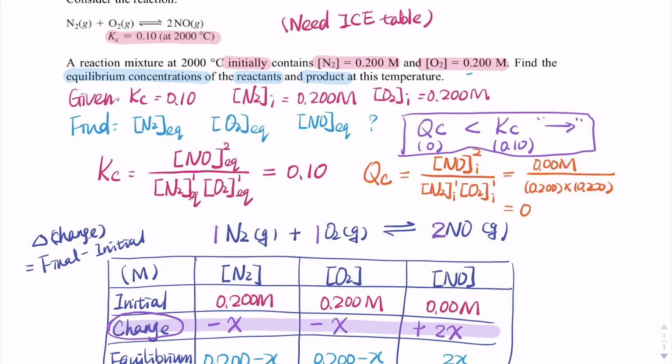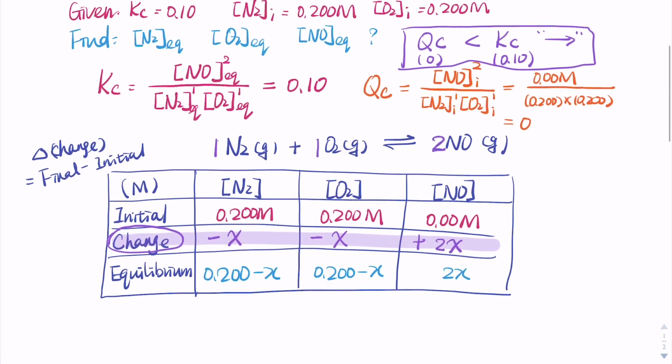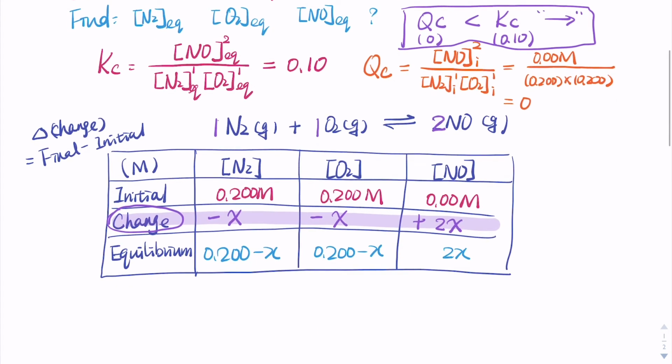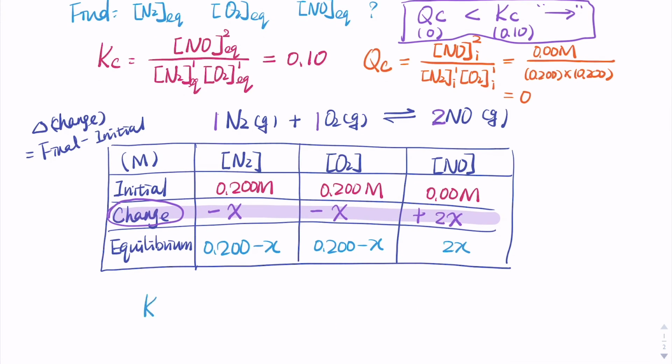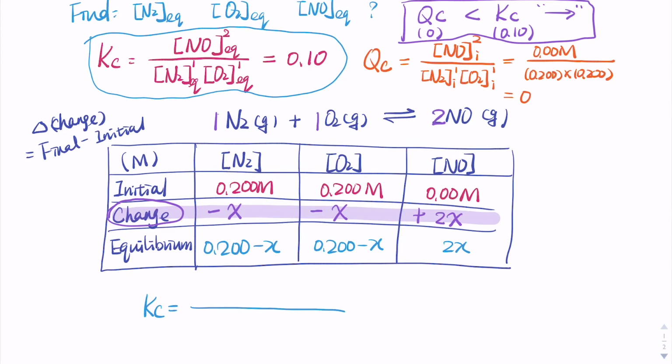Now we use one variable, x, to express all three concentrations at equilibrium, and we know the relationship between them equals 0.1. The only thing we need to do now is plug all these expressions into our K_c. K_c equals [NO] squared, so you have (2x) squared.